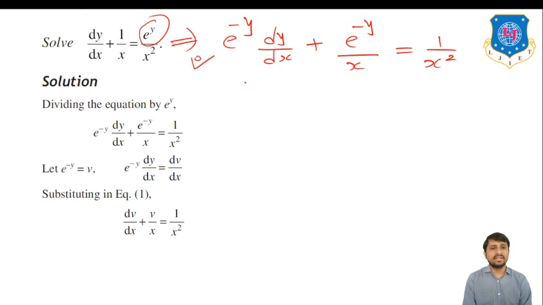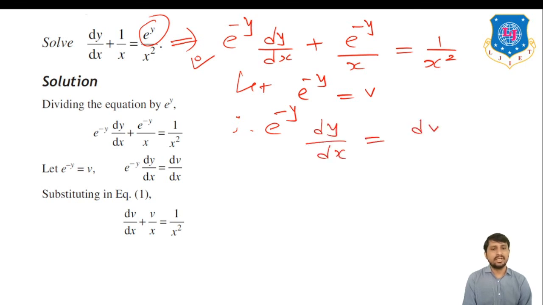Now here you can see that when I assume e raised to minus y equals v, and take differentiation on both sides, e raised to minus y into dy/dx equals dv/dx.